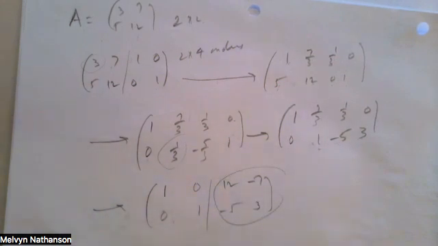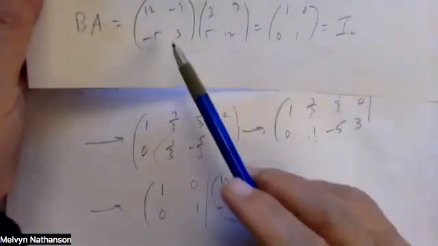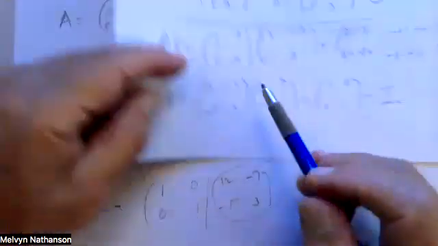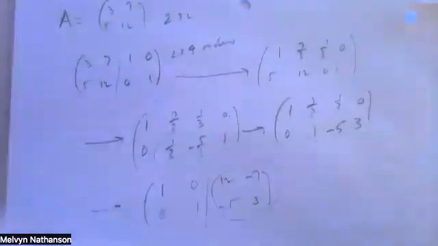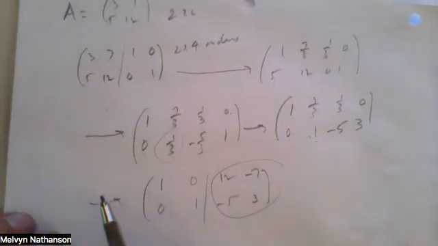And what is the second half? Well, I calculated that as my first example. This is the matrix A, 3, 7, 5, 12, and the inverse was 12, minus 7, minus 5, 3. So somehow, it's kind of a miracle, you might say.